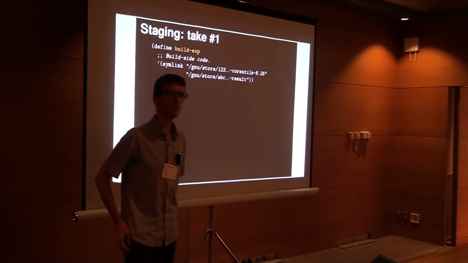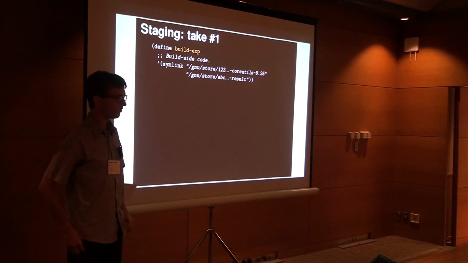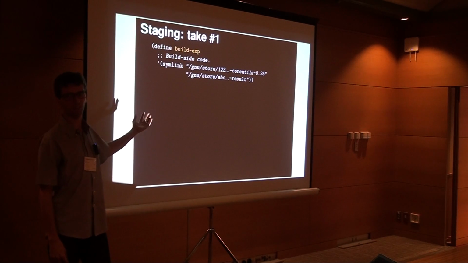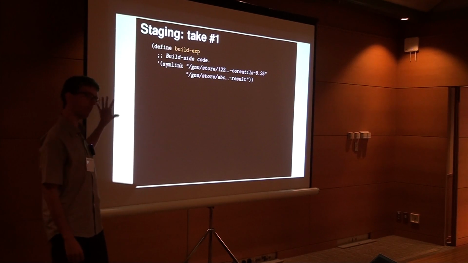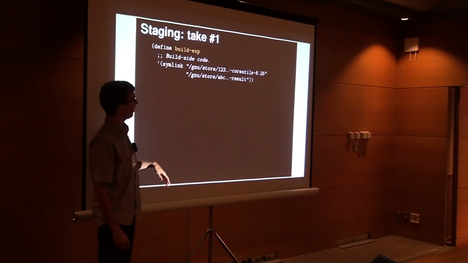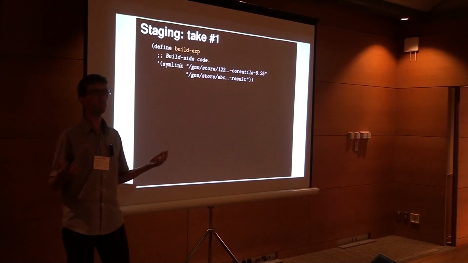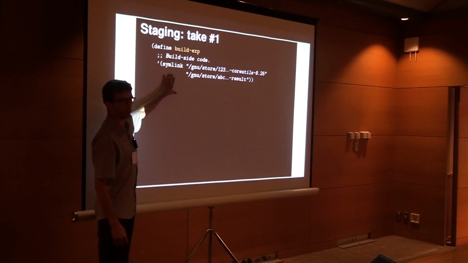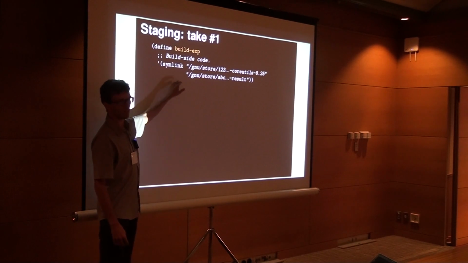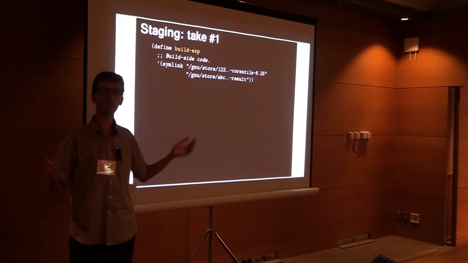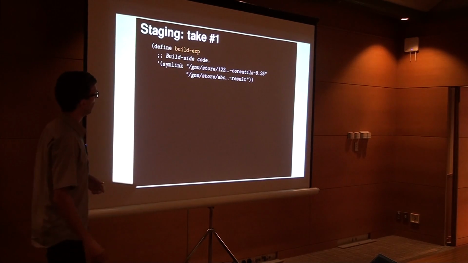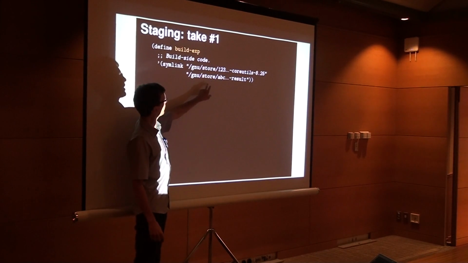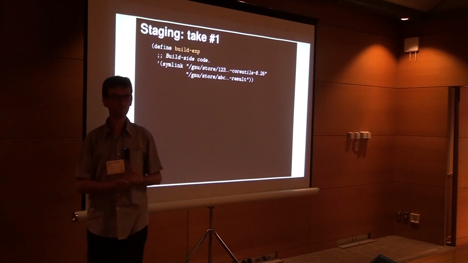So the question initially when we started the design of Guix was, how can I use Scheme on the build side, as build-side code, on the left-hand side, to write the build phases of my packages? Essentially, I want to be able to write a build phase like this. Let's say I want to do a simple derivation, a simple build action, which consists in creating a symlink from the coreutils package to the output.